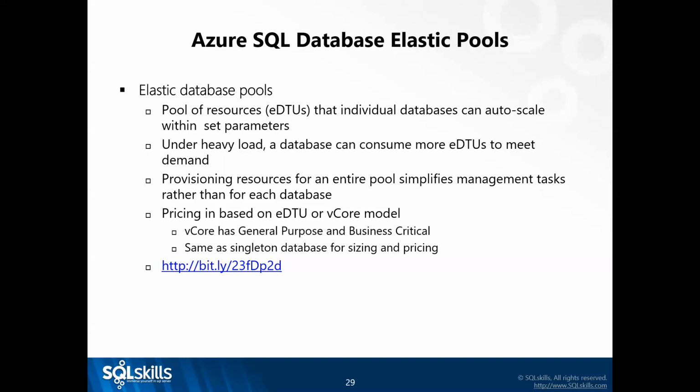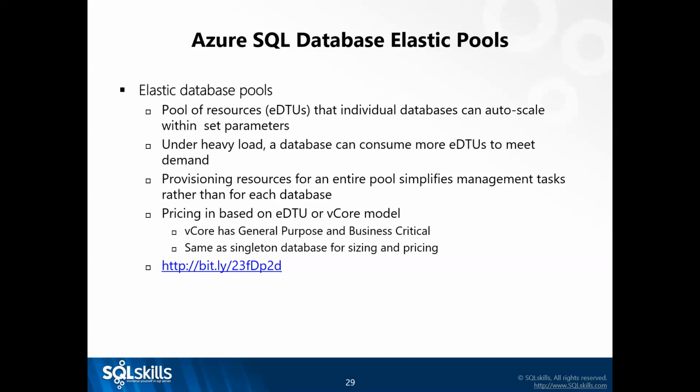You purchase the number of eDTU or the number of vCore, and the databases can consume more and less. So when their workload ramps up, they can use X amount, and when that dies down, they free those resources up so the next database can use those. And that's really how an instance operates today. So that's what we're able to do in an elastic pool.